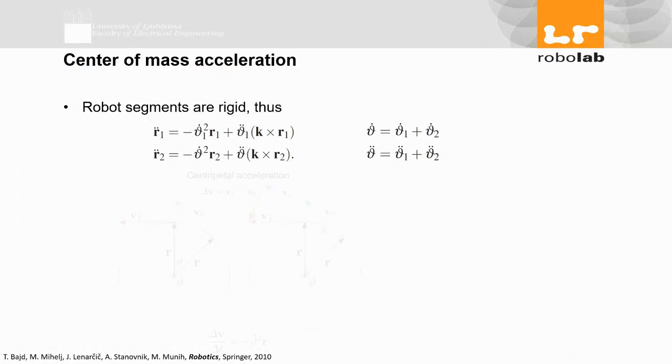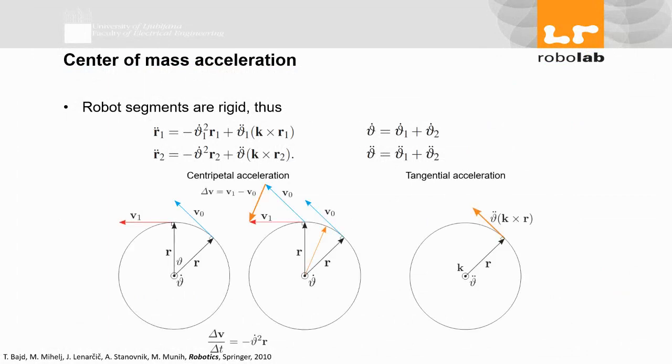Okay, so what we have can be concluded here. For each link of my robot, I have acceleration independently calculated, and we have theta 1, theta 2, and what we have here is acceleration for each mass.